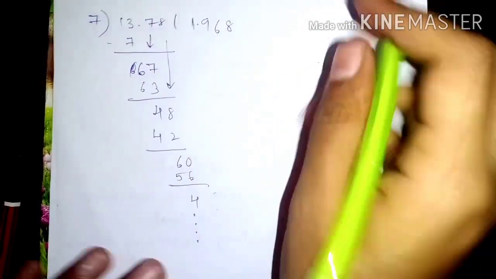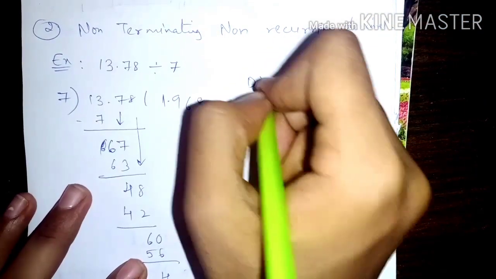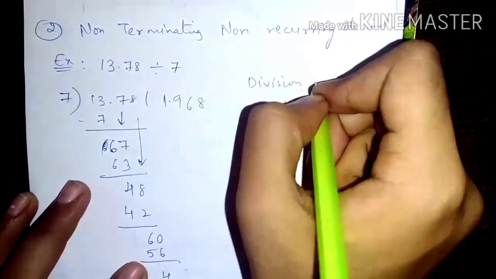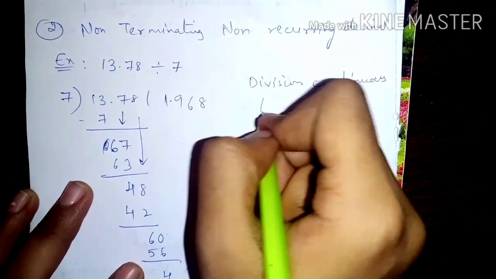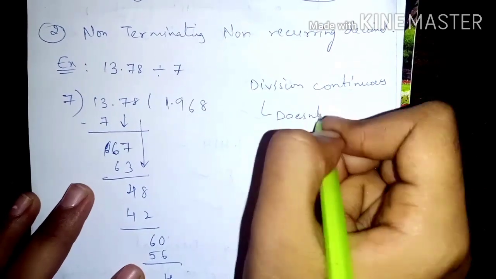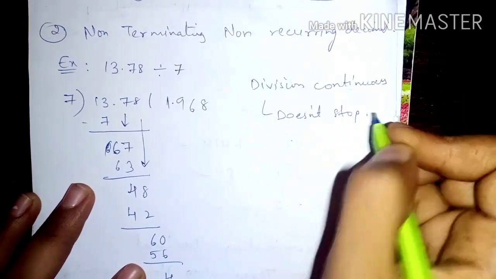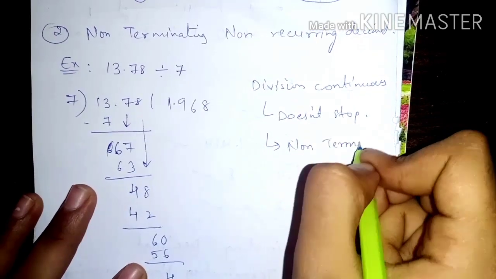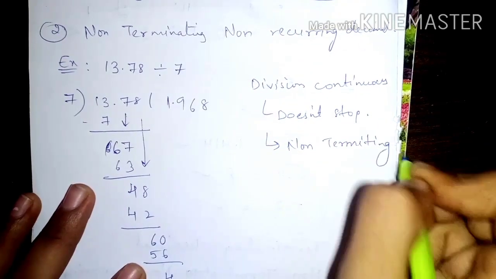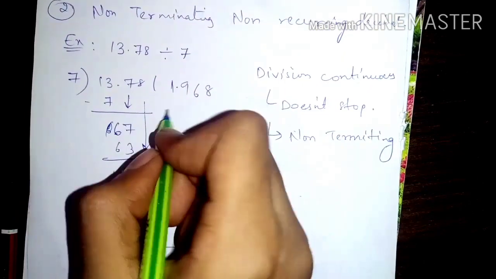So this division is continuing. Here the division continues. This doesn't stop. Hence it is called non-terminating, which means it doesn't terminate at a point. What is non-recurring? What did we get?